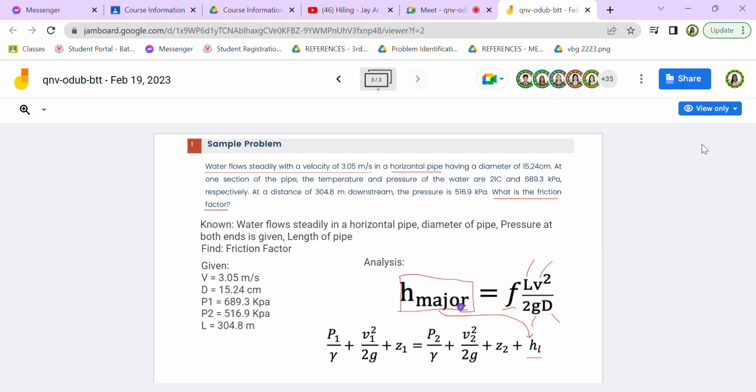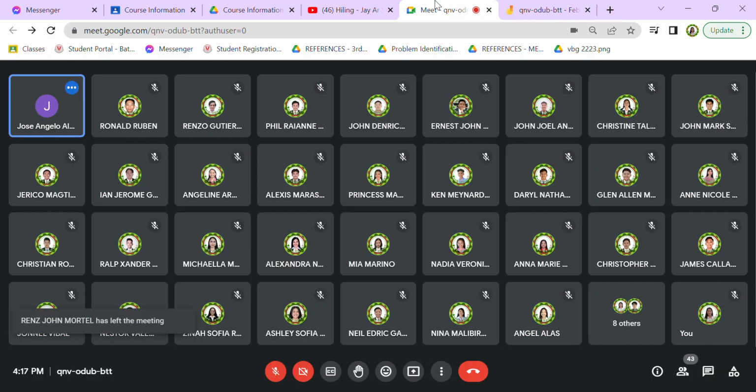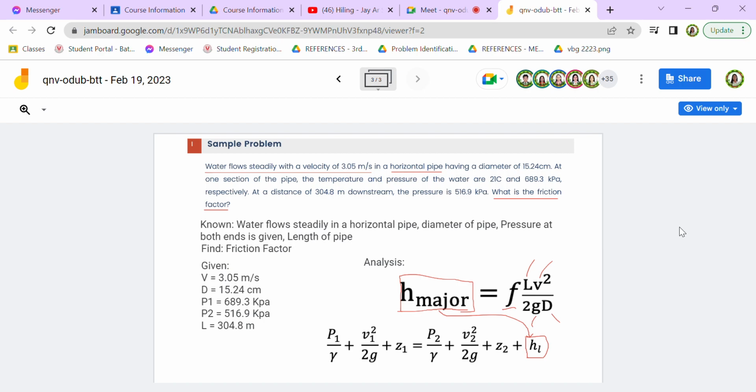So again, let's analyze the Bernoulli equation. Sabi nga dito, water flows steadily in the horizontal pipe, meaning ang velocity 1 mo is equivalent to velocity 2. So pag pinag-subtract mo sila, mag-zero lang din naman sila, so let's cancel each other out. Again, the water flows in a horizontal pipe, meaning same elevation lang sila, same reference point.